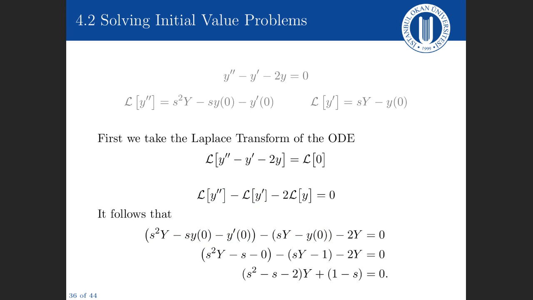Then I want to put in the initial conditions. Remember, y(0) was 1, y'(0) was 0. So I get s^2 Y - s - 0 - (sY - 1) - 2Y = 0. We can simplify this as (s^2 - s - 2)Y + 1 - s = 0.